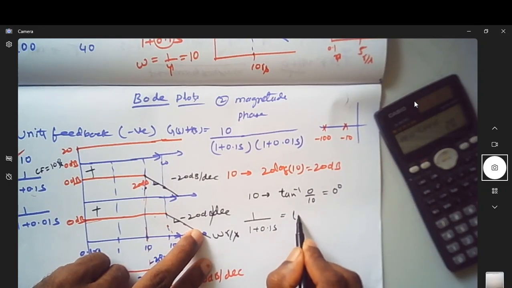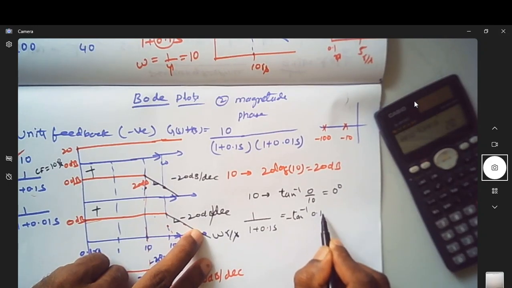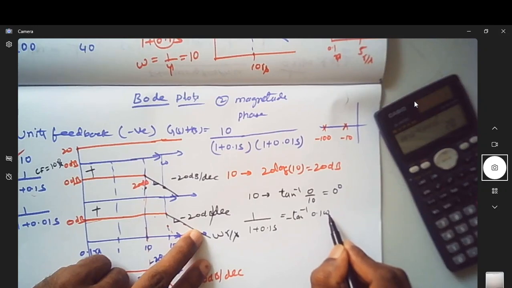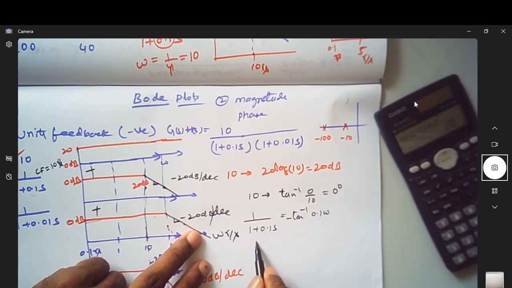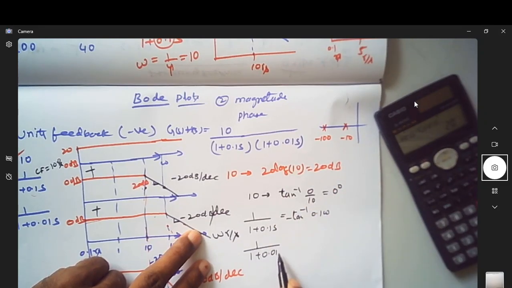Is it not contributing minus tan inverse of 0.1 omega? Of course, for different values of omega, you need to find it. And how about the third term, 1 over 1 plus 0.01 s? Which is nothing but minus tan inverse of 0.01 omega.